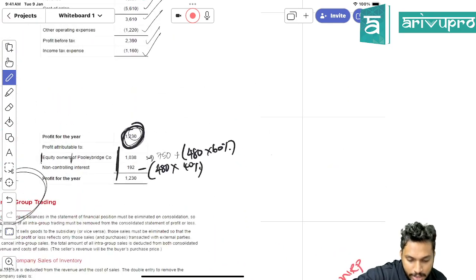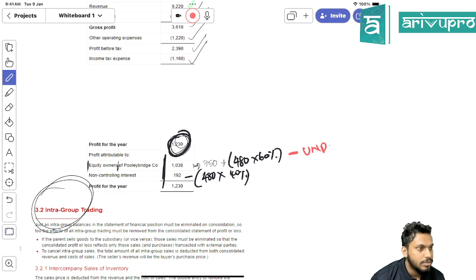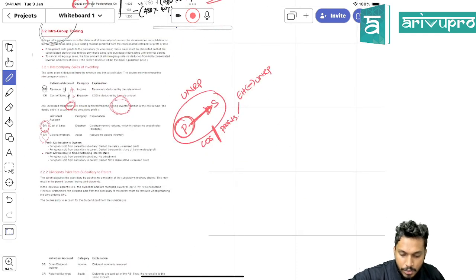So here you calculate a profit distribution, right? So here you deduct that unrealized profits. You got it? So when you are distributing the profits to equity owners, you need to deduct the unrealized profits if parent is selling to the subsidiary. Understood? Right. The next situation.